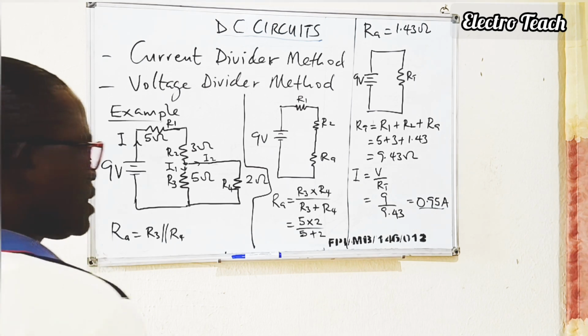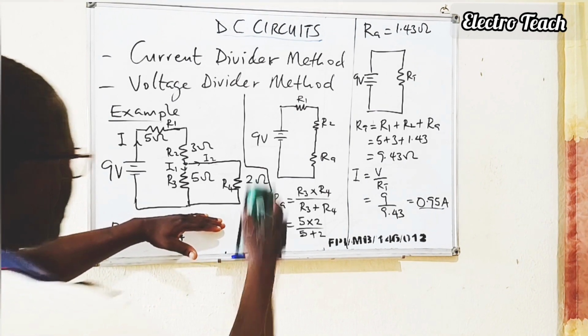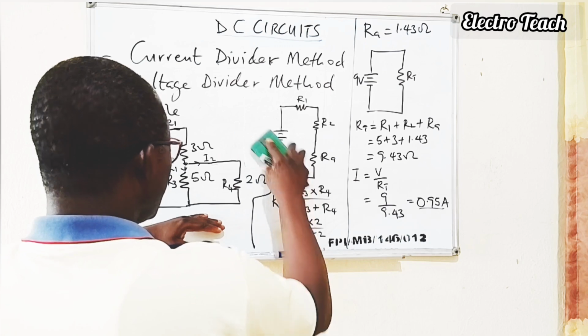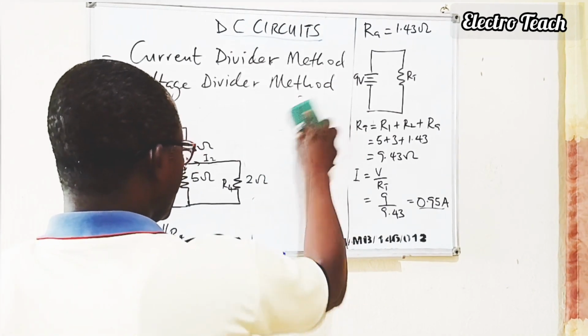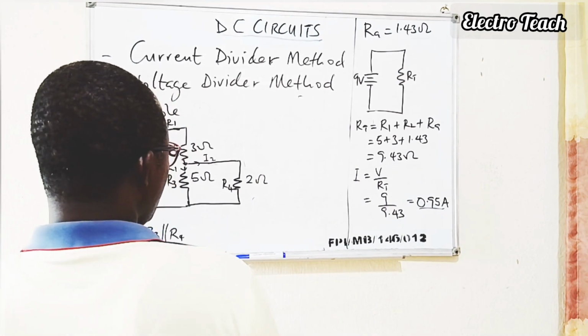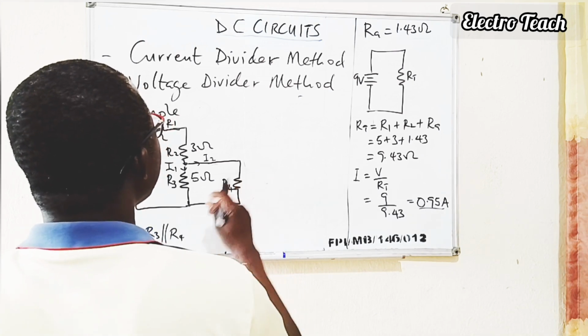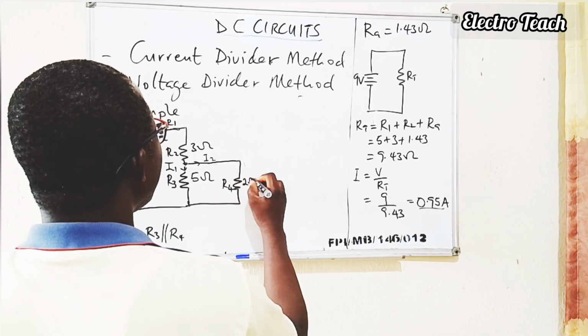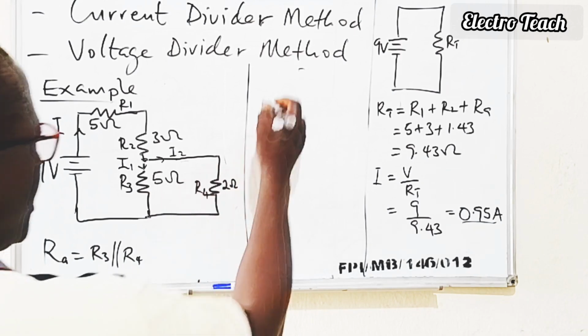Now, let us determine that quickly. We can leave it this way and then go ahead and use the current divider method to determine the current in these 2 branches.